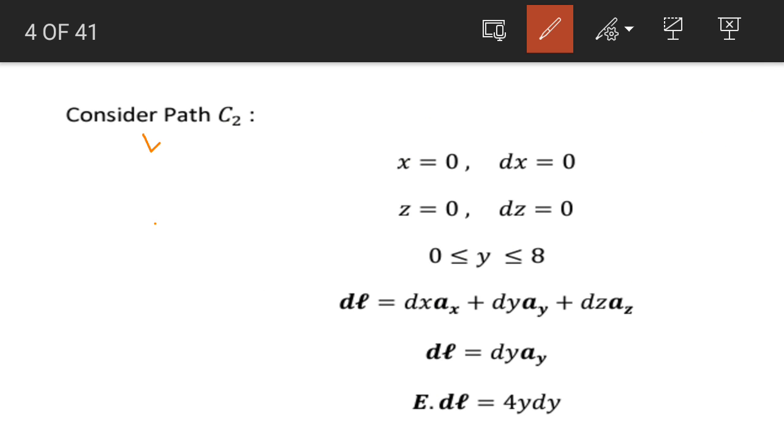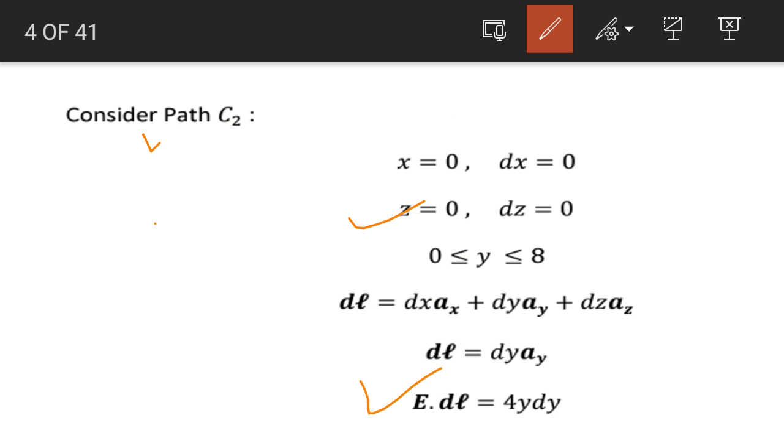Along C2, x is 0, so definitely dx will be equal to 0. Similarly, z is 0, so dz will be equal to 0, and y is changing from 8 to 0. The differential length vector will be equal to dy ay, and then we calculate E dot dl.